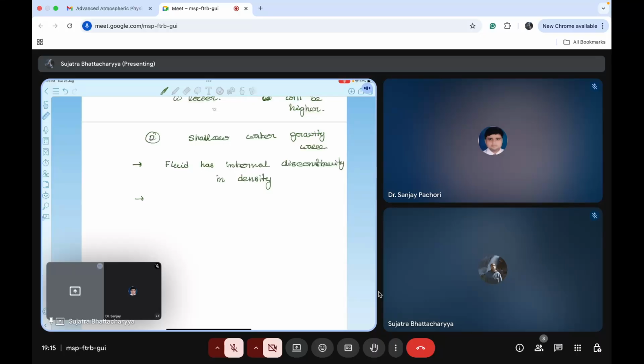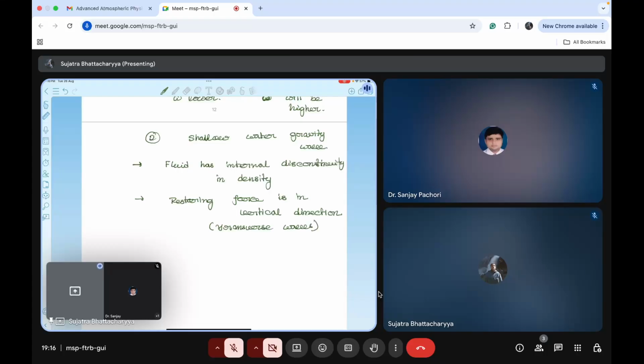So the restoring force in the case of gravity waves, as the name suggests, is gravity. The restoring force, which is gravity, is in the vertical direction. So unlike the previous one, acoustic waves, this is a transverse wave.